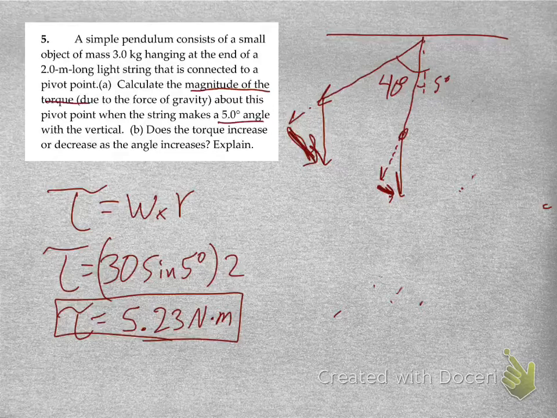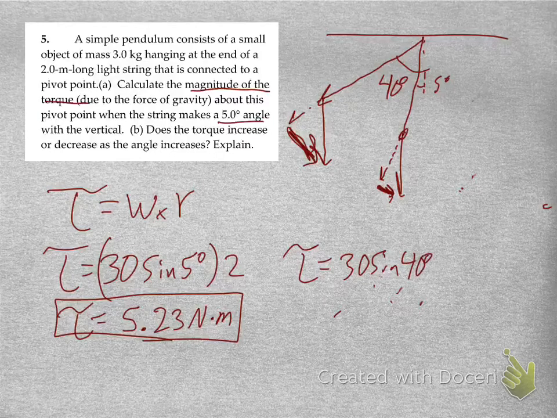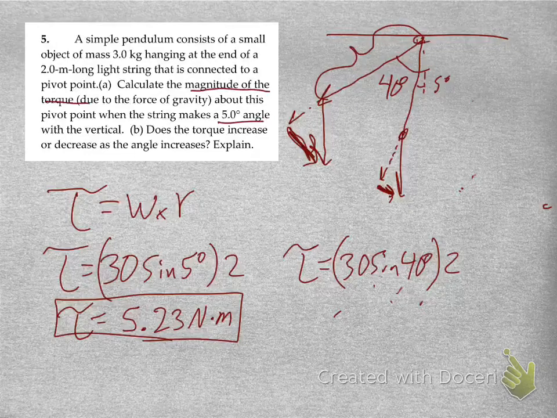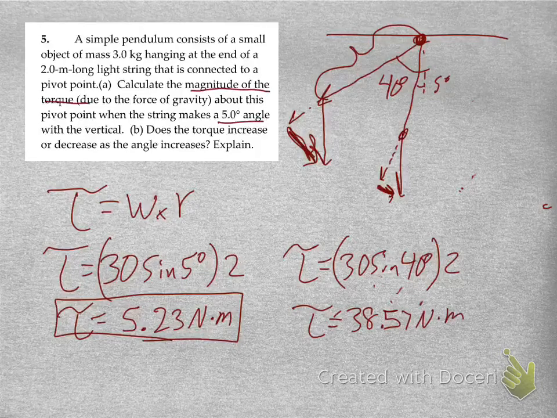If we were to calculate it out again, I picked 40 degrees, just some random number that was greater than 5. If I put that 40 degrees in with the same distance of 2, because it's still 2 meters away from the point of rotation, you'll find that the torque comes out to be 38.57 newtons times meters.